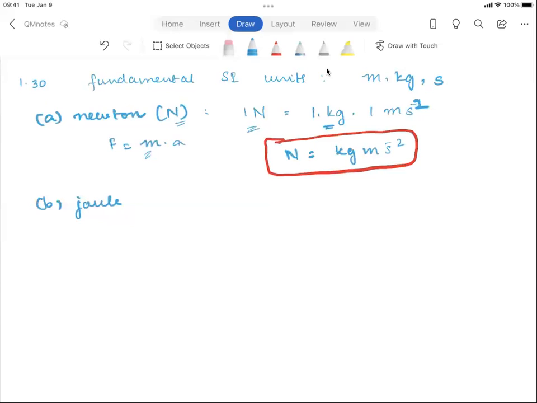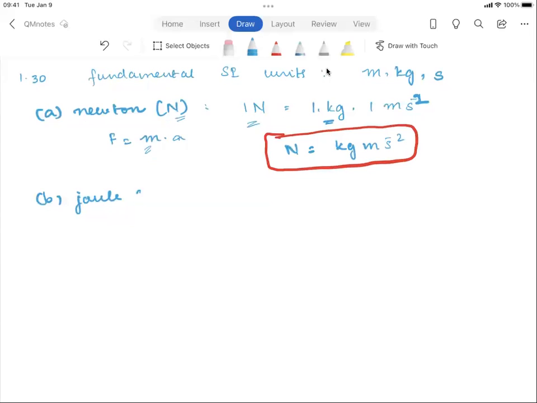Okay, now Joule. Joule is the unit of energy. Now, energy is nothing but force times a certain displacement. If you look at the absolute value of energy, it's force times a displacement.